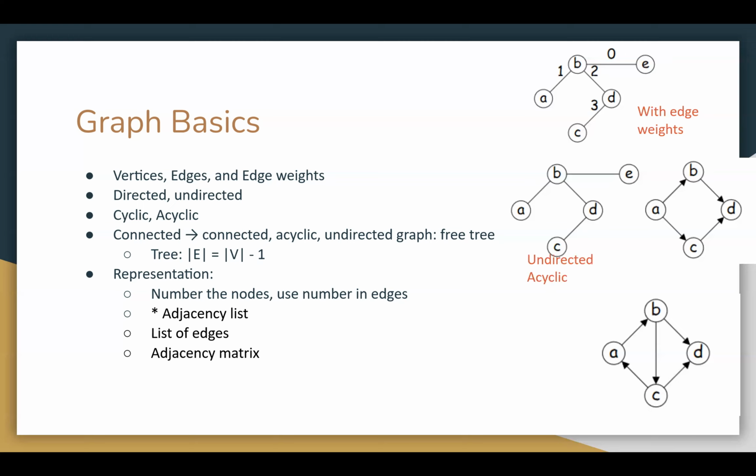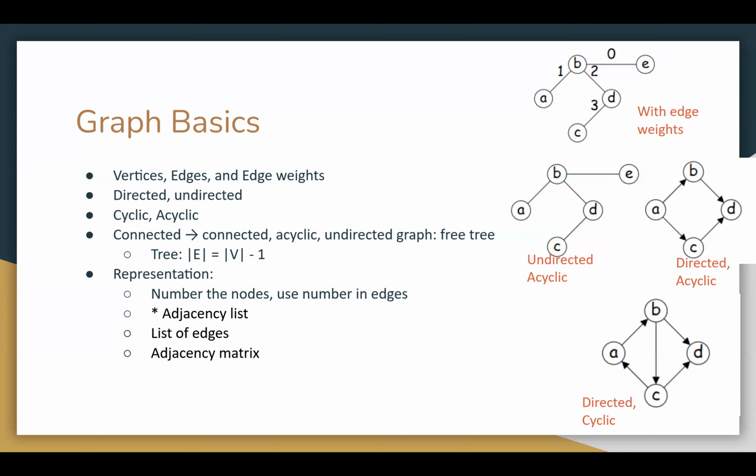Yes. So this one is undirected, it has no edge weights, and it's also acyclic. The one on the right would be an example of directed and acyclic, and then the one on the bottom will just be directed and cyclic.